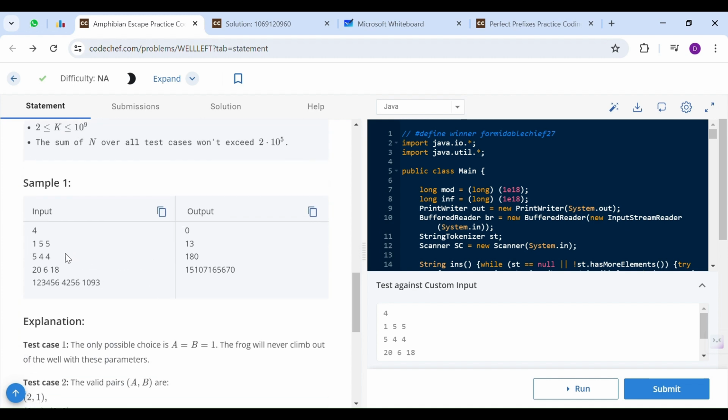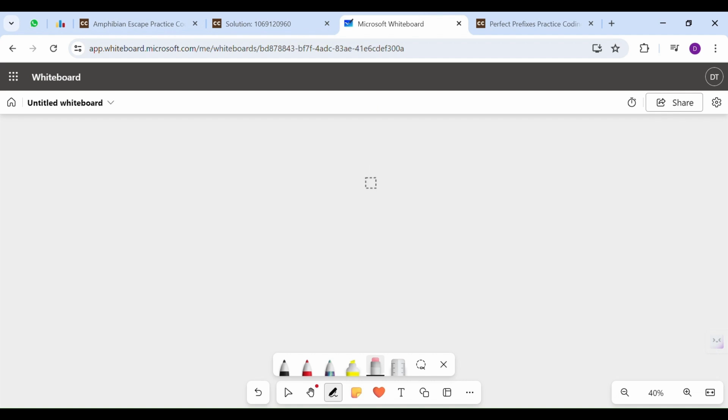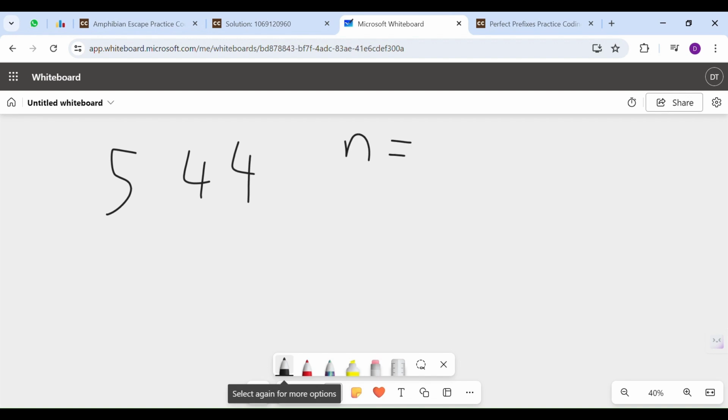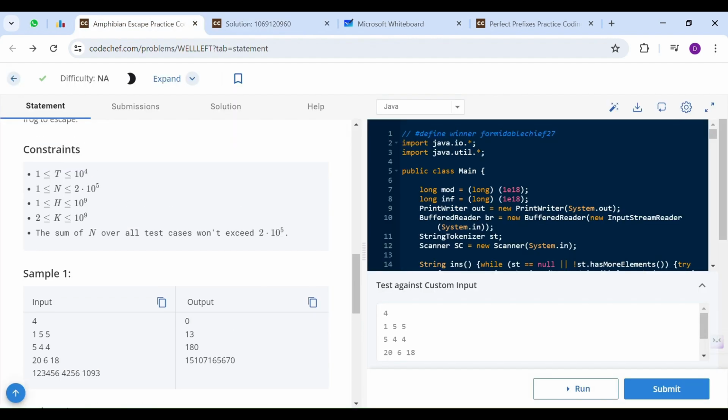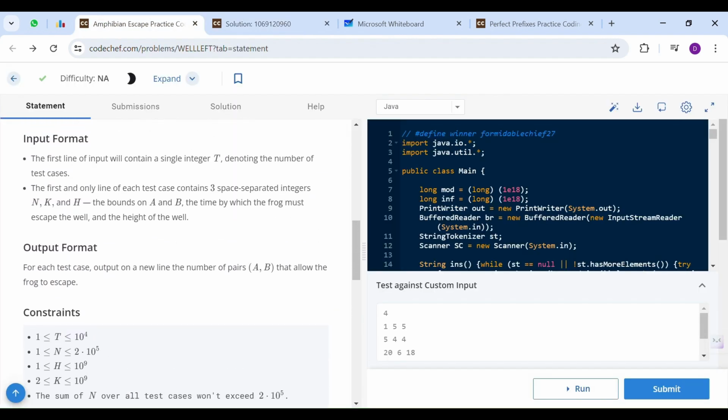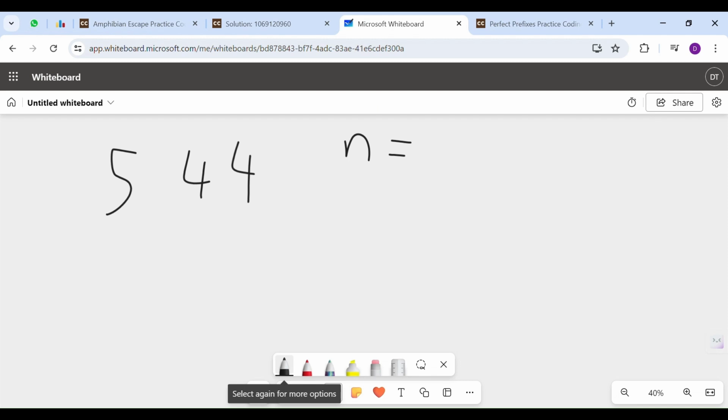Okay, I'll explain this using the second test case. 5 4 4. So over here, N is the bound of A and B. That means A and B need to be between 1 and N. Then K is given 4 and H is given 4.